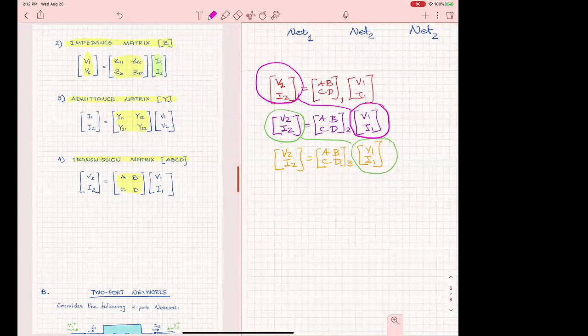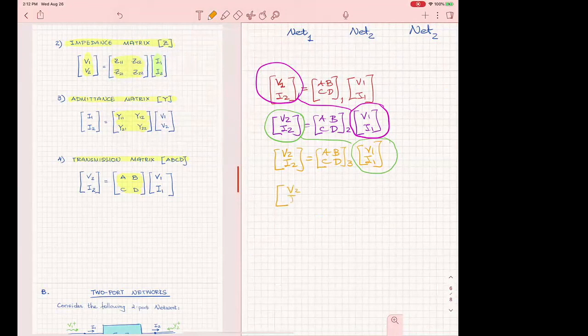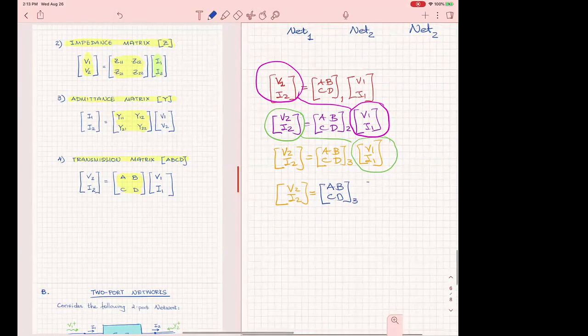So practically, I can write the following at the end: V2, I2 equals A, B, C, D, 3. And instead of the V1, I1 that I have in orange, I will put the V2, I2 that I have in purple. So it's going to be A, B, C, D, 2. And then instead of V1, I1 in purple, I will put the V2, I2 in red. So it's going to be A, B, C, D, 1.